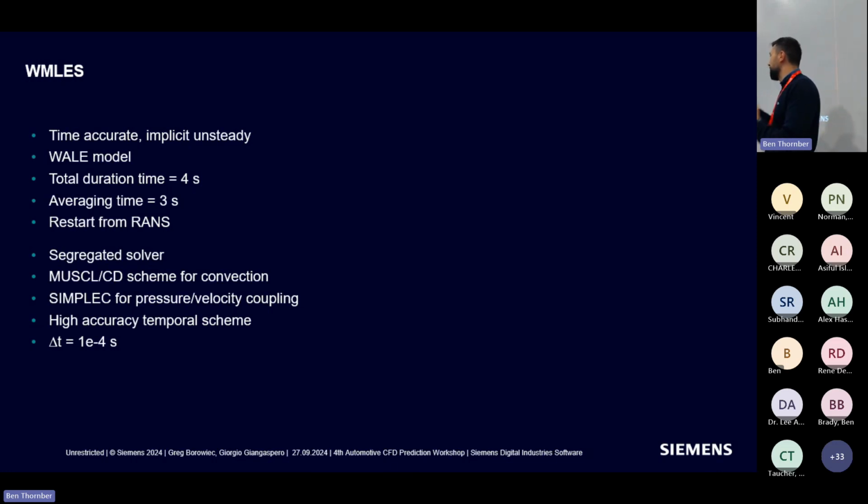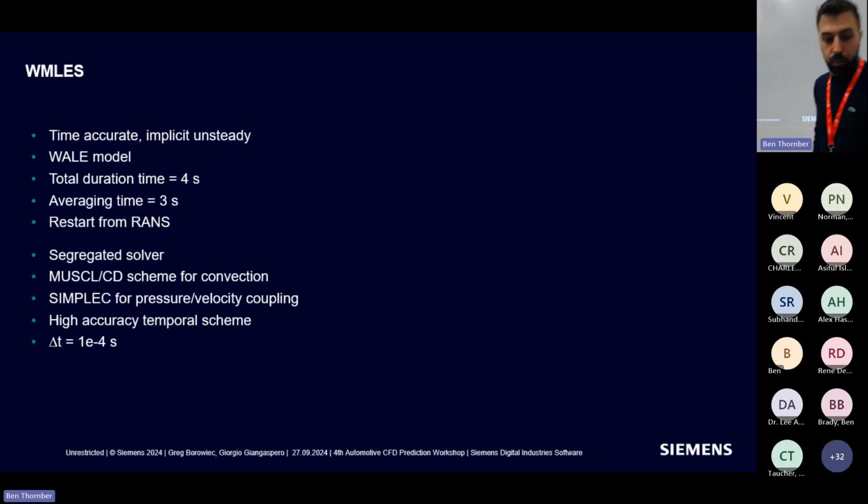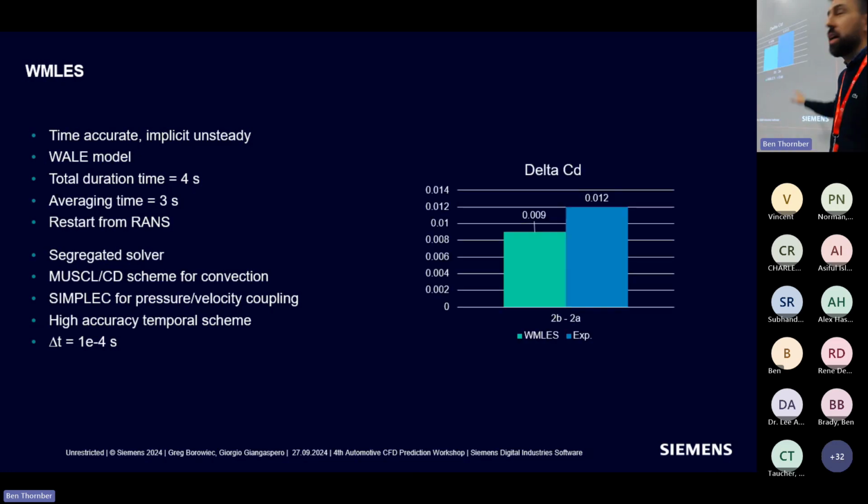The solver uses a third order scheme in space, and SIMPLEC for pressure velocity coupling. And I'm using a slight variation of BDF2. This one has more than 2 time levels, so it has a lower absolute error, but it's still second order error. Delta T is 1e-4, and the delta drag, the main result I'm going to show you, is 9 drag counts against 12 of the experiments.